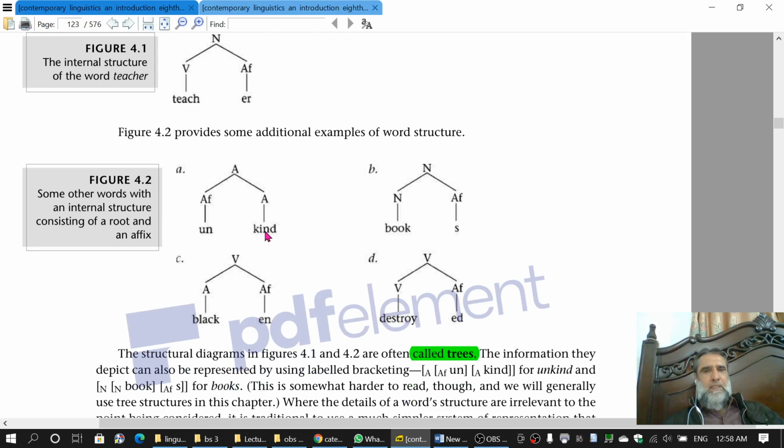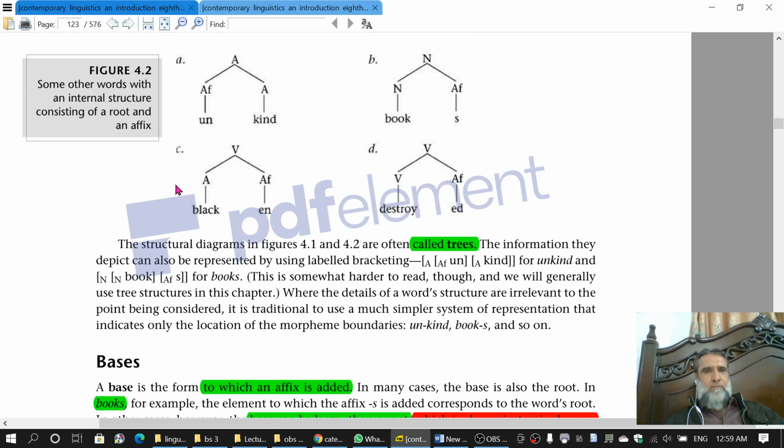In this case, kind is the root, un is the prefix, also an affix, and these two combined together make unkind, which is again an adjective. You have another example of the noun book, and s, which is an affix, converting it into plural. Both of them combined together, books is a noun.